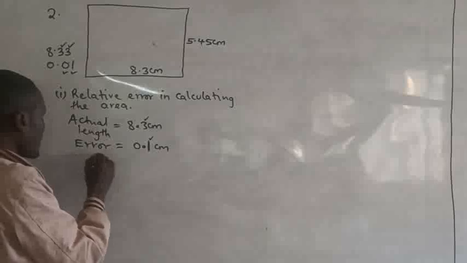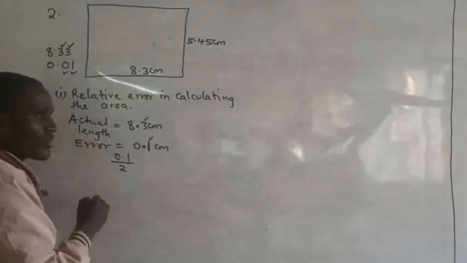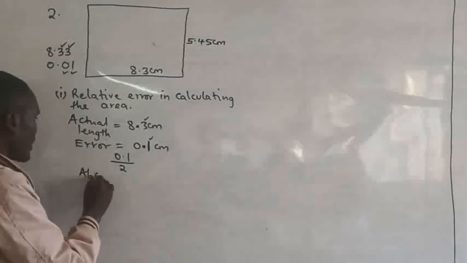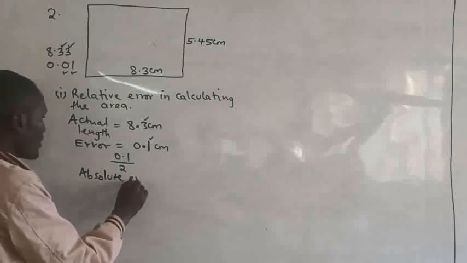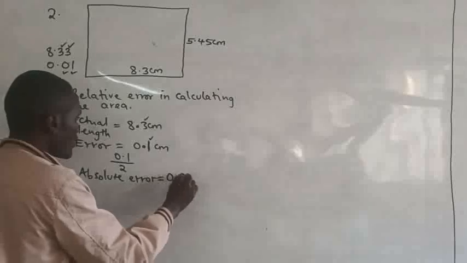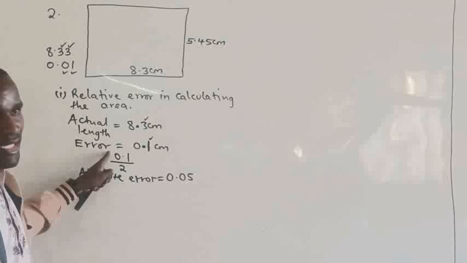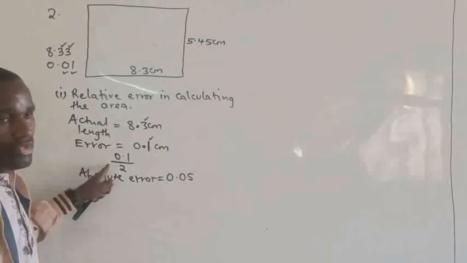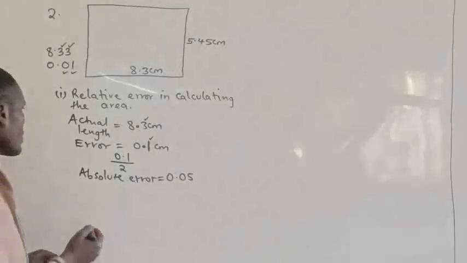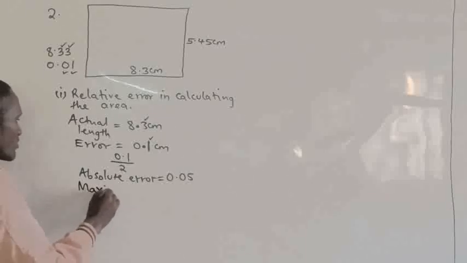Then I'll pick that error, which is 0.1, then I divide by 2. I'll be looking for something called absolute error. So the absolute error that you're going to have here is 0.05. Why? 0.1, the error that can get made, divided by 2, gives us 0.05 as our absolute error. So from this absolute error, we can get what we call the maximum length.